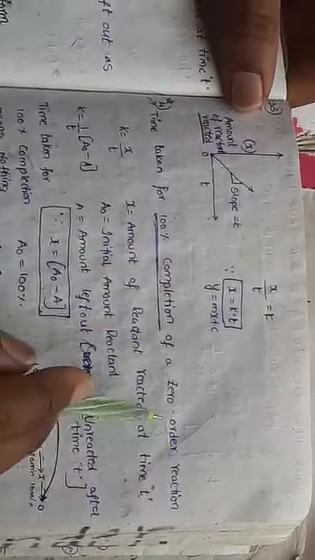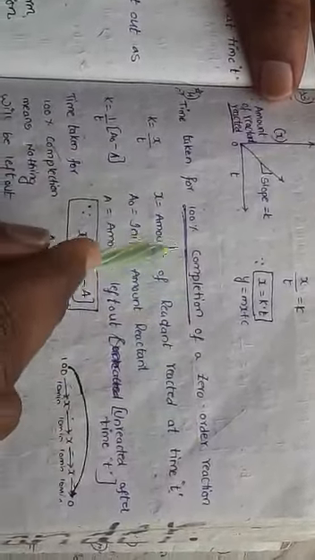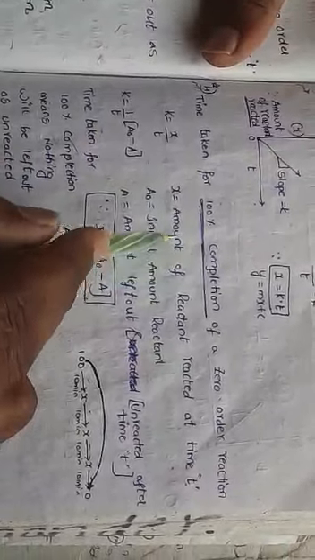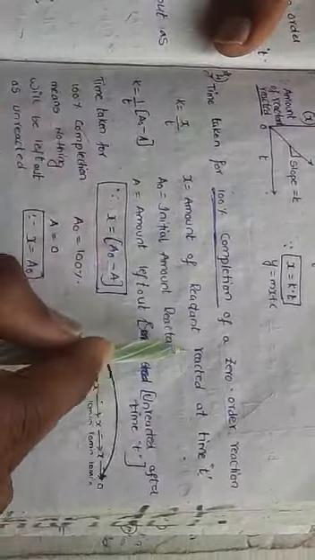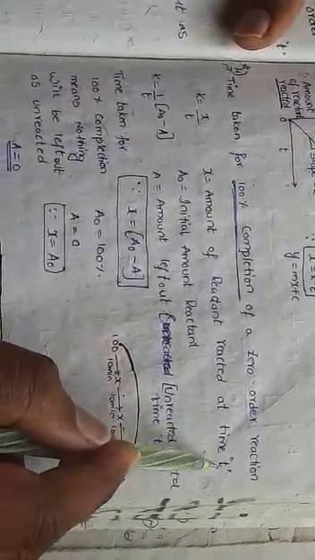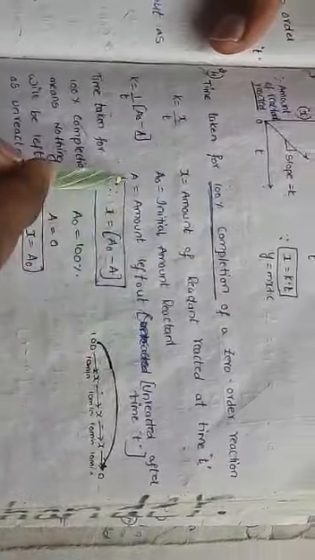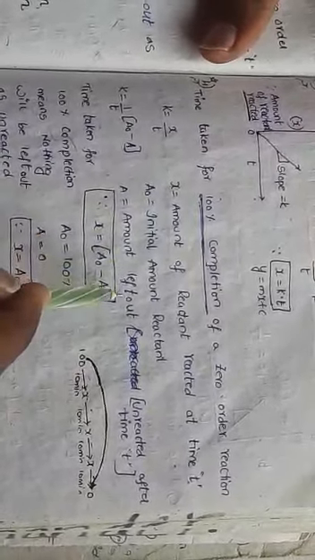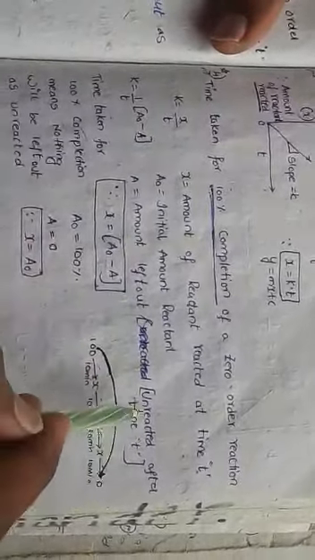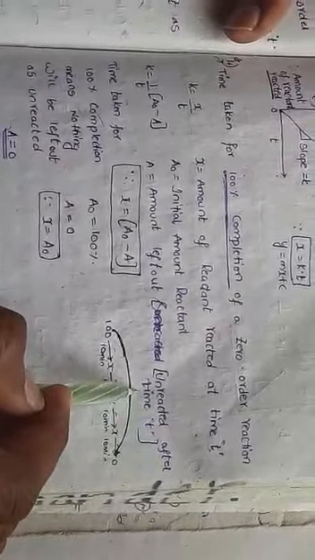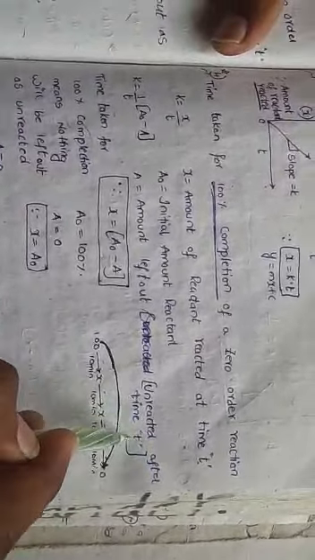Now, the time taken for 100% completion of a zero order reaction. 100% completion means the reactant completely reacts. Here x is the amount of reactant reacted at time t, A naught is the initial amount of reactant, and A is the amount left unreacted after time t.